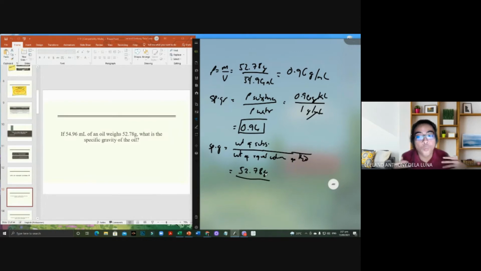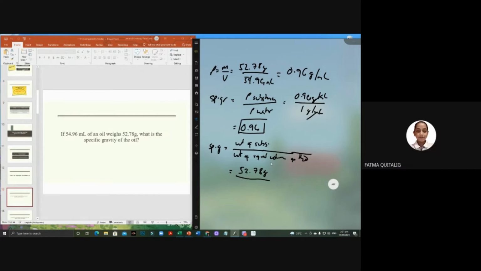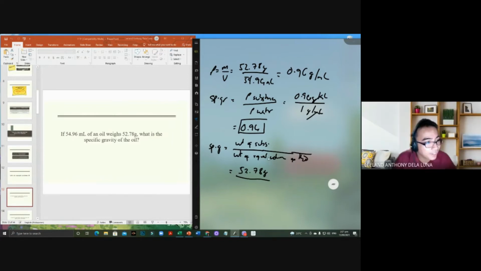So, class, what will be the weight of water that's equal to the volume of the substance? So, ano ang volume class ng substance ko? Ang volume class ng substance ko is 54.96 ml.